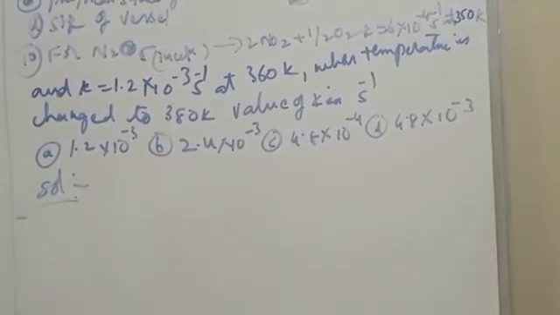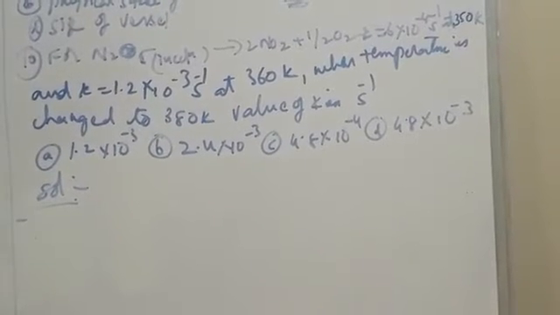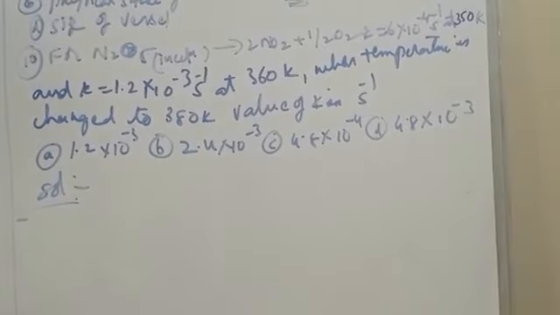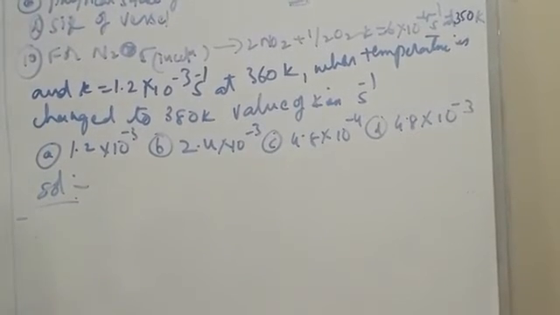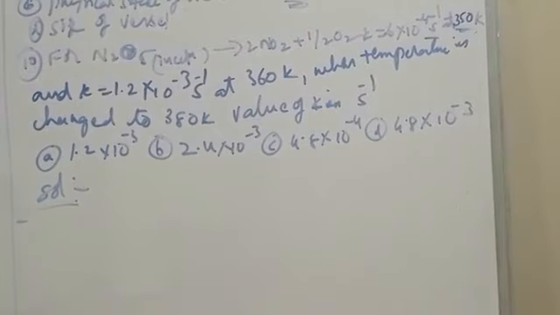Next, for N2O5 decomposition. N2O5 in carbon tetrachloride, CCl4, decomposes into NO2 and half O2. Here rate constant is 6 into 10 to the power minus 4 second inverse at 350 Kelvin.